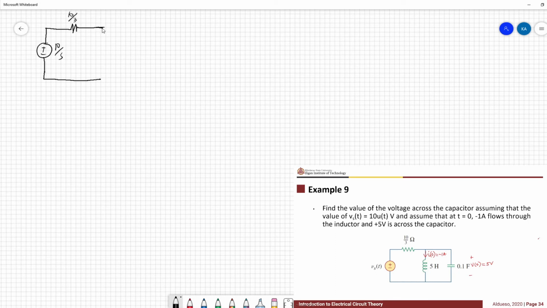For the inductor, let's choose the inductance in series with the voltage source. We have this configuration.